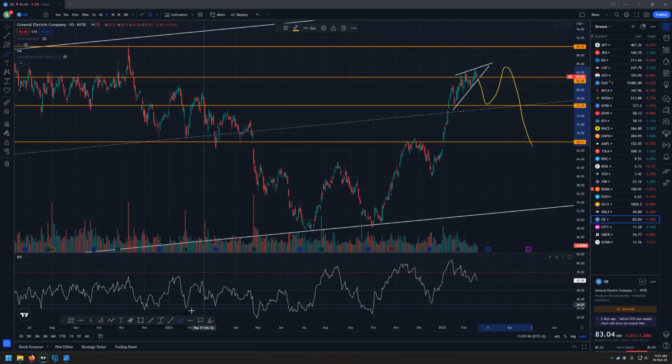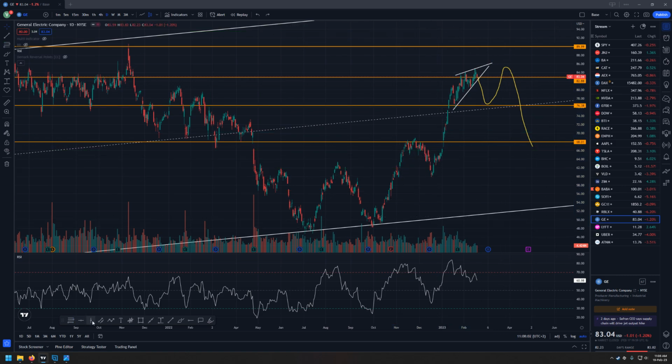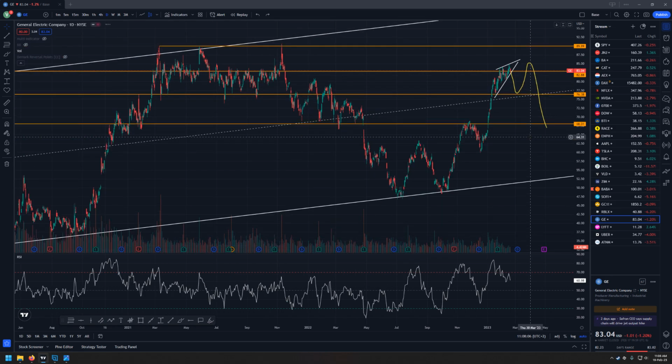This is the level where we want to see it. It's also a 50% retracement most likely. Wait. Yeah, pretty much 66. Yeah, I can see it.